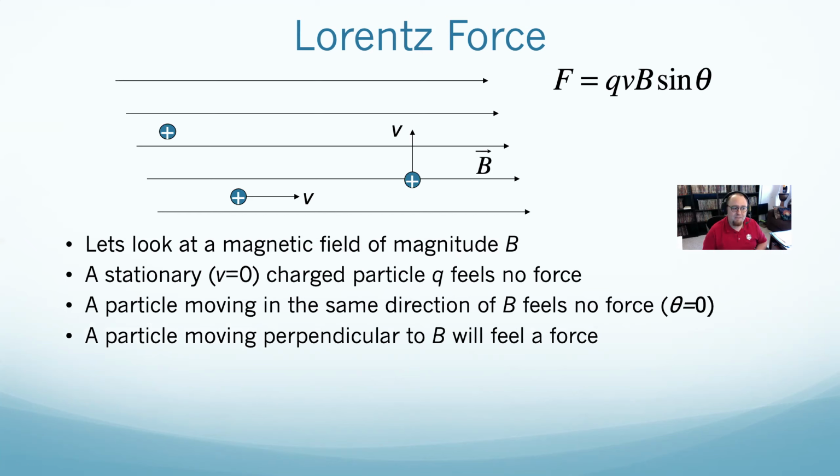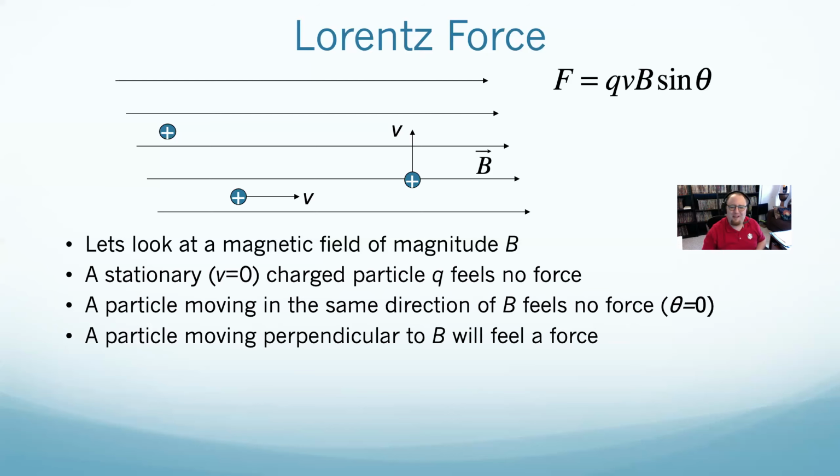Now we have an angle of 90 degrees. The sine of 90 is 1. Now we have a force of QVB. Now it feels a force. And it ends up that a charged particle only feels a force in a magnetic field if it's moving and not moving in the same direction as B.